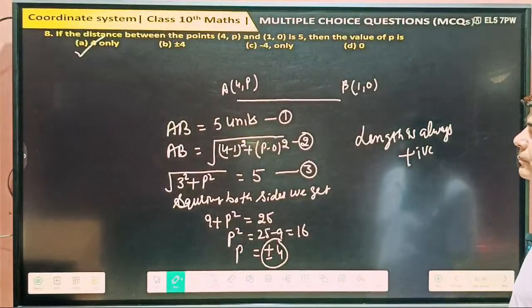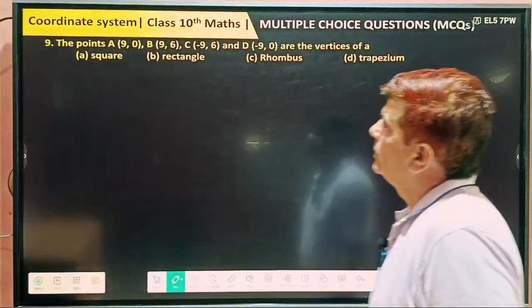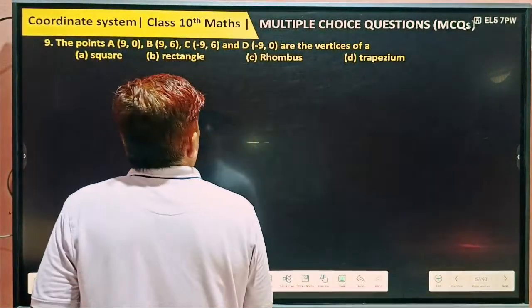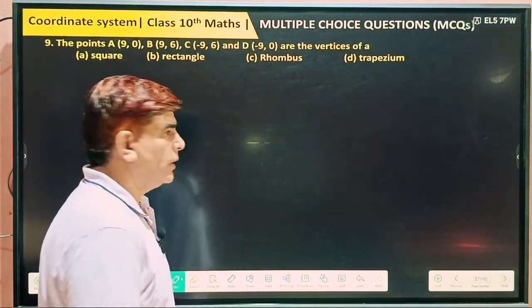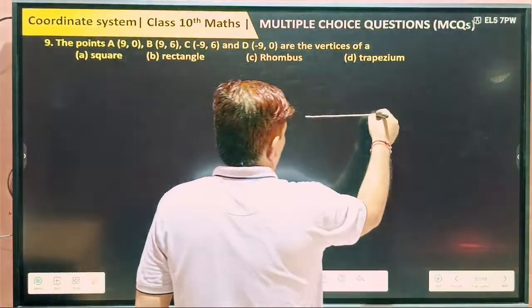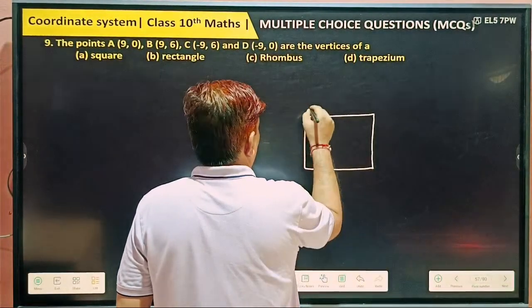Next. 9. The points are the vertices. You have to tell: one quadrilateral is given to you like this.